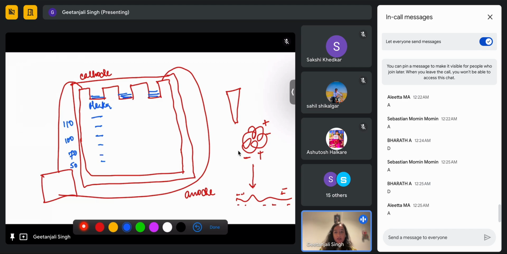And when the electric field is applied, the cathode is obviously negatively charged and the anode positively charged. I'm sorry, no, sorry. Oxidation takes place at the anode, and reduction takes place at the cathode.